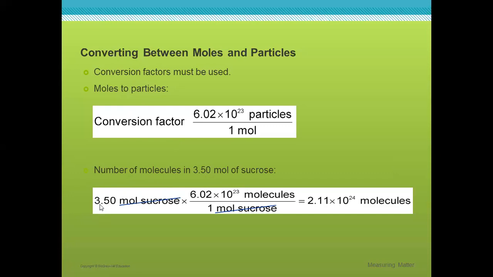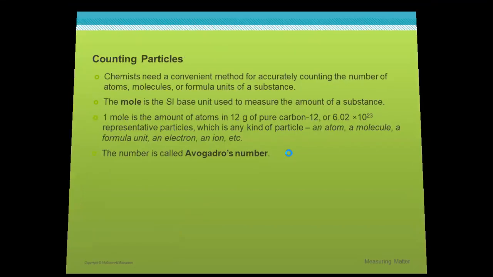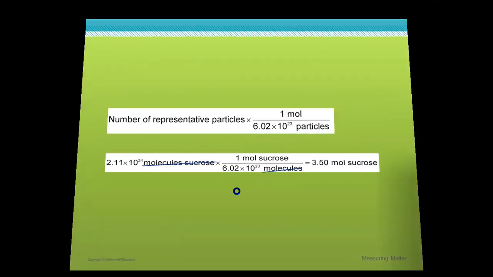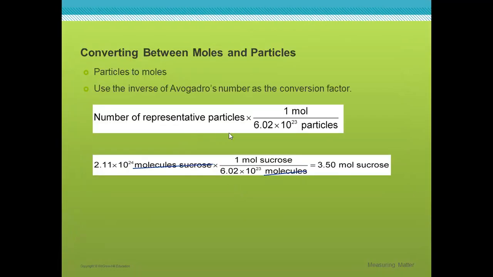In the following slide, how can we get number of representative particles? It equals number of molecules divided by Avogadro's number. So it's number of moles.